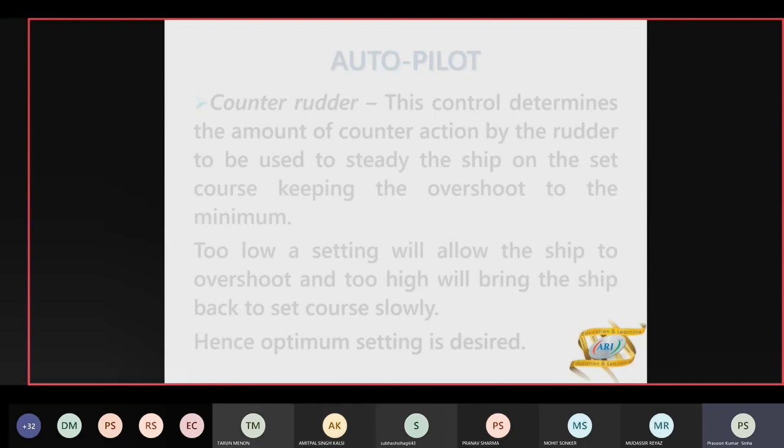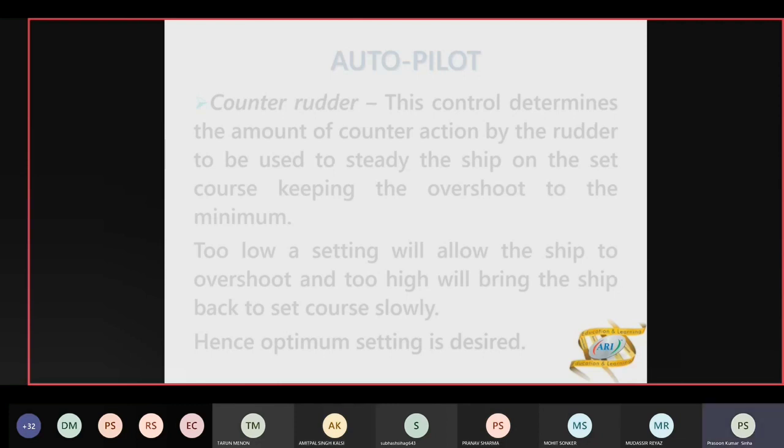Again, there is a limit of counter rudder. The autopilot system, the PID system, wants to apply rudder, counter rudder. How much? The limit can be set by you. The correcting helm, counter rudder, should be applied by the amount set by you.